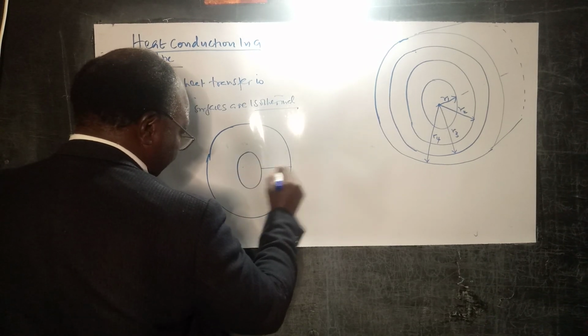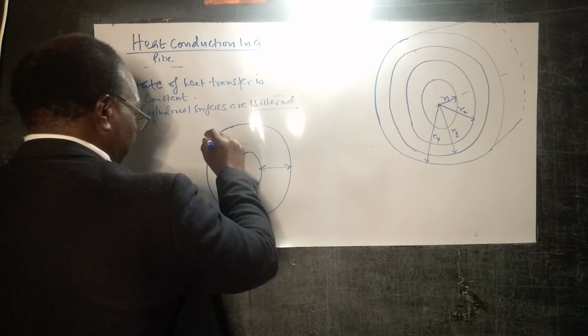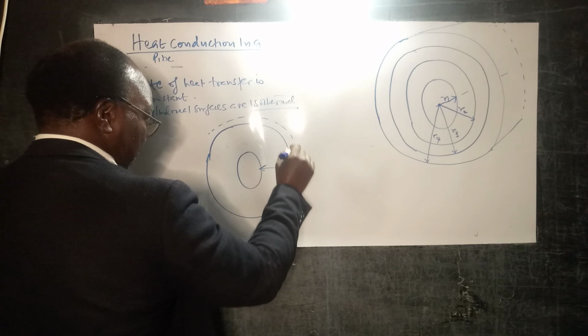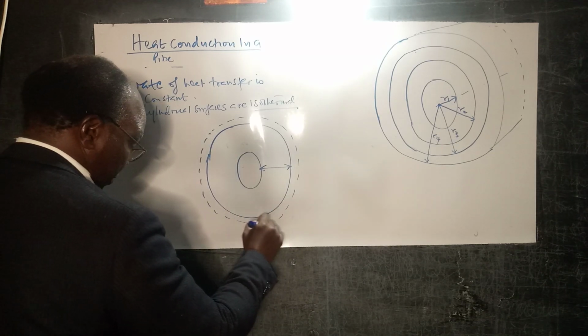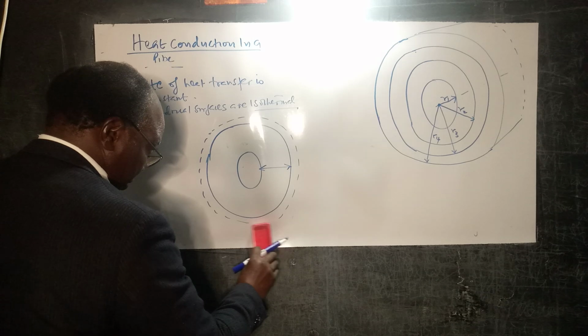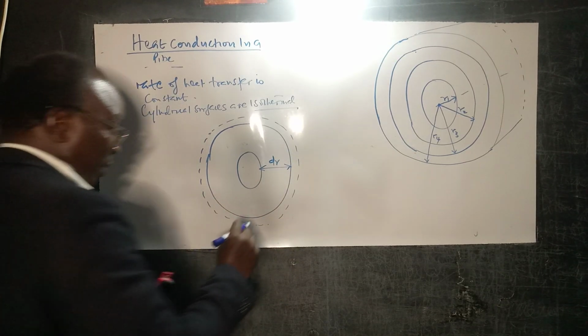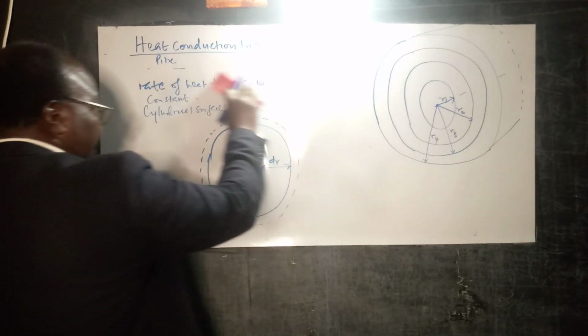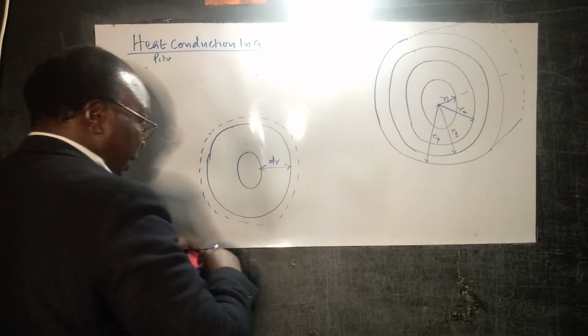So if the thickness of this pipe or tube is dr, then we can represent the temperature gradient.